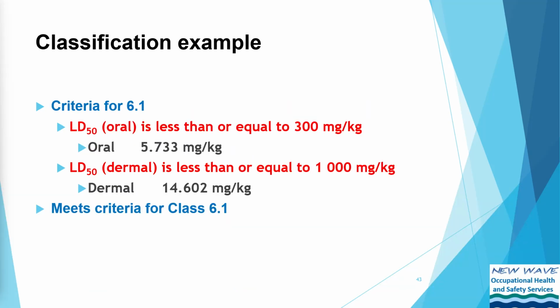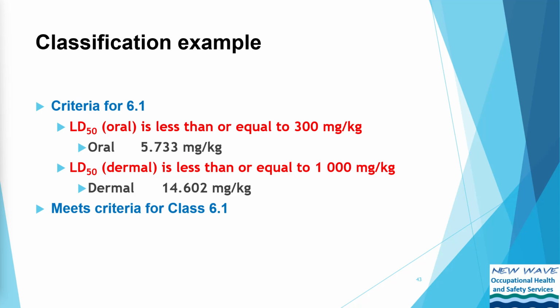Looking in detail at the criteria for 6.1 are an LD50 oral, that is given by mouth, of less than or equal to 300 milligrams per kilogram. Sodium cyanide's value is 5.733, so it meets that criterion.